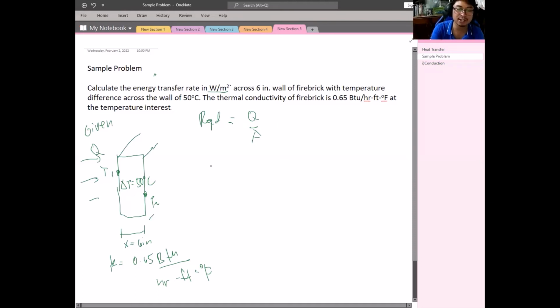So our general equation to solve the required is yung formula ng conduction, Q = kAΔT over x. Teka, mali, all over x pala yun, hindi natin malilimutan.